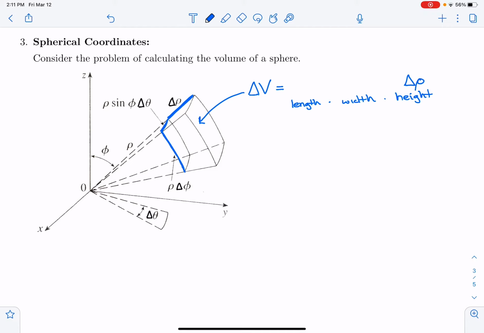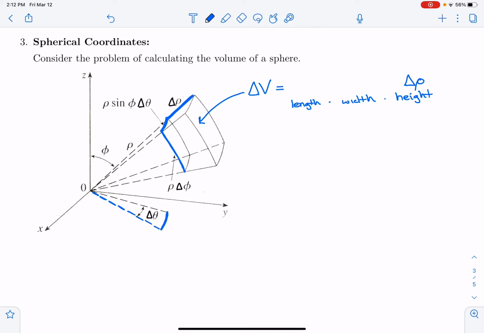The width, which is this small piece right here, is the same width as its projection in the xy plane, and that is the arc of part of a circle. And so we need to know the distance here, and then if we multiply that distance by delta theta, that should give us this little bit of arc length.